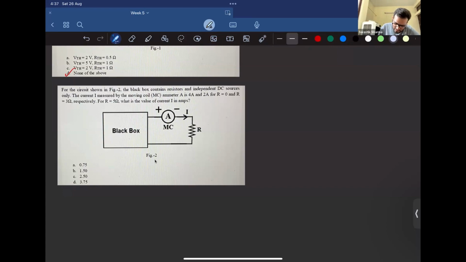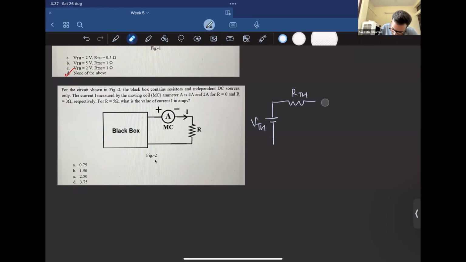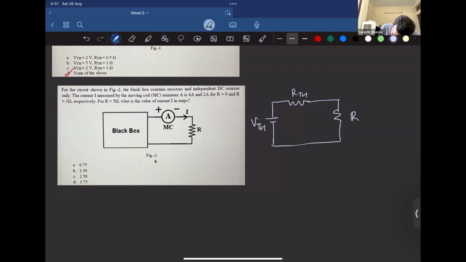What would be its Thevenin's form considering the Thevenin voltage is VTH and resistance is RTH? This reduced circuit would be something like this. Then you have this moving coil meter, ammeter, or whatsoever. We won't write it. And we have R. The sole purpose is to calculate I, right?